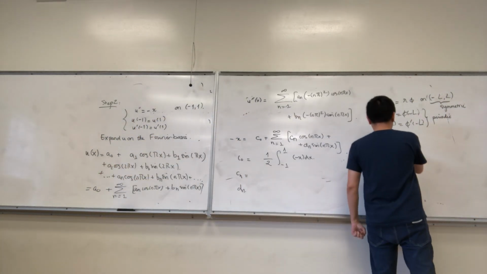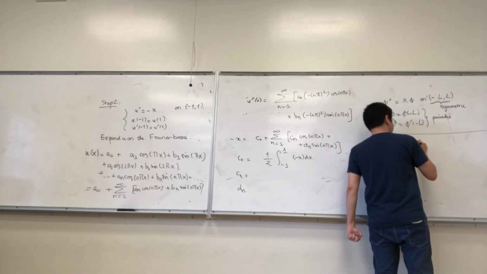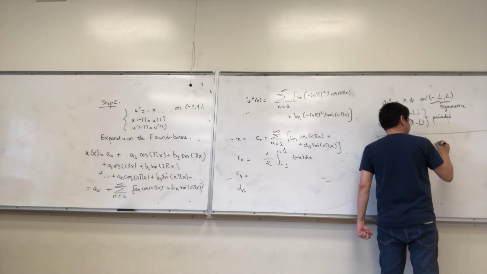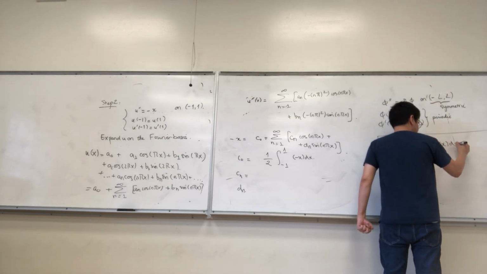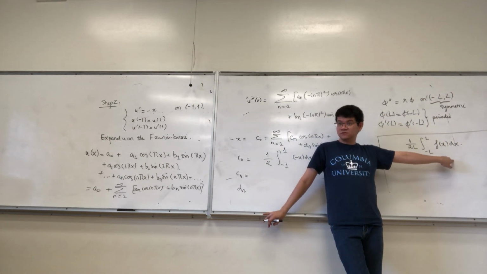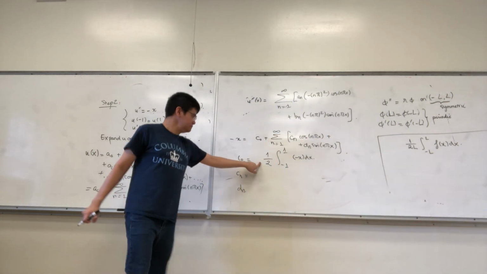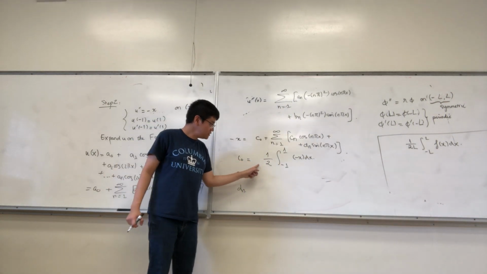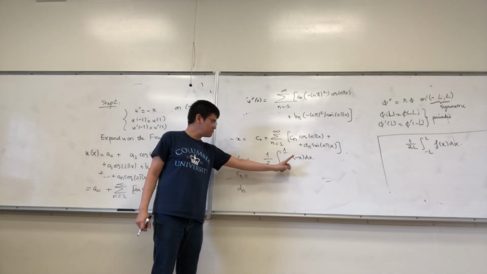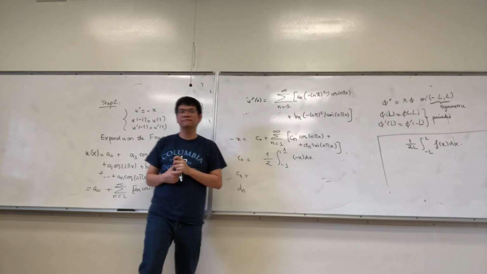For the Fourier series, the first formula is 1 over 2L, the integral from minus L to L of the function f of x dx. This is how you compute the first constant of the Fourier series, right? So for this one, you have the integral from minus 1 to 1 of minus x dx, times 1/2, and of course this is 0. Why?